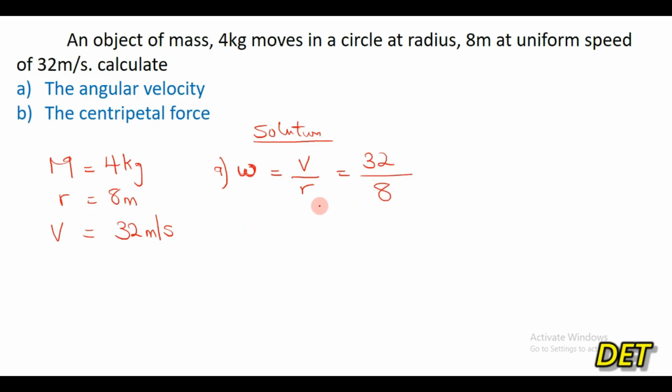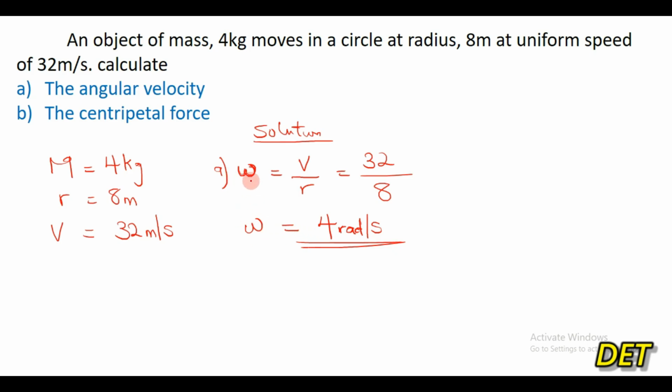So therefore, our angular velocity will be equal to 32 divided by 8, which is 4, right? So what's the unit for angular velocity? It is radian, which is represented as rad per second. So this is our answer to this question.